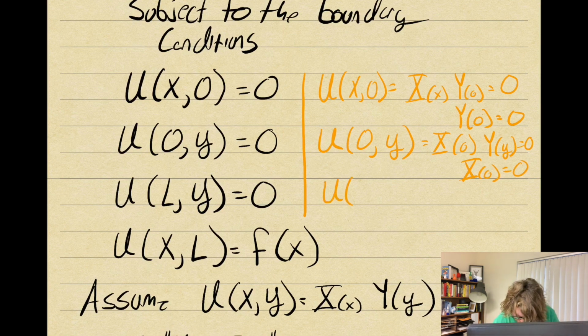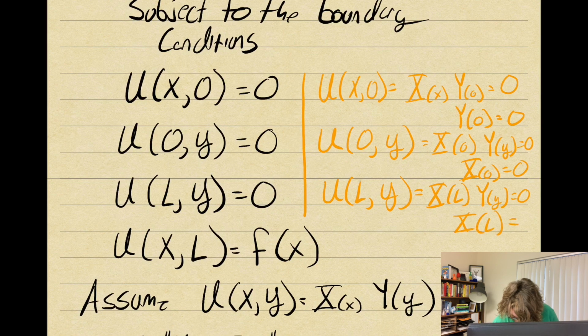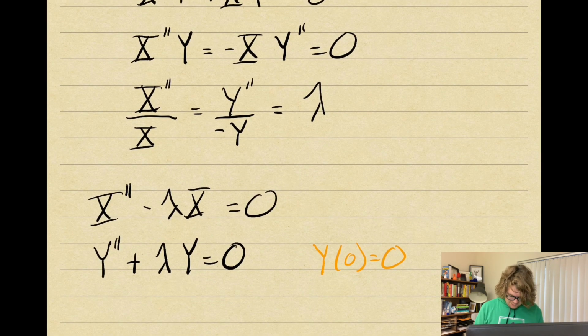Next we have u of ly equals 0. That's going to be X of L times Y of y equals 0. So here we get X of L equals 0. And our final boundary condition, since it's not equal to 0, we really can't think about applying it yet. So we'll have to come back to that a bit later.